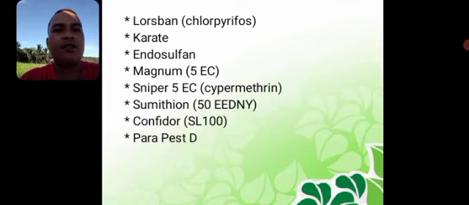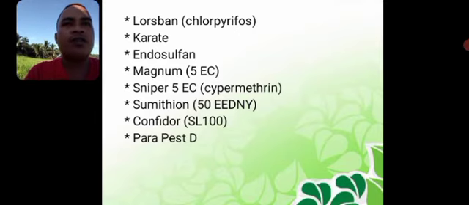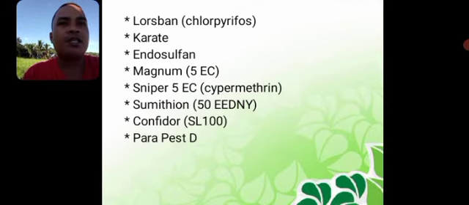Next is Confidor, or SL1000. It will control green peach aphids, silverleaf whitefly, woolly aphids, grey cabbage aphid, and turnip aphids on an extensive range of vegetables, plus various other insect pests in ornamentals.